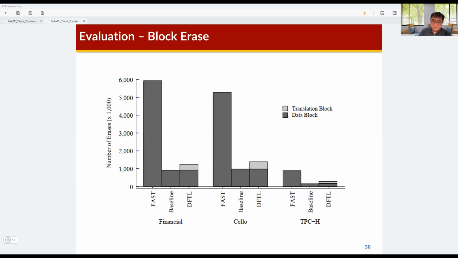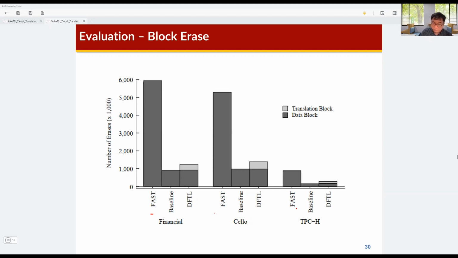And then block erase. If we just see the block erase count, then we can find that with the page level mechanism, we can reduce the number of erases. Okay, so we can compare the number of erases for the different workloads, like financial, Websearch, and TPCH.